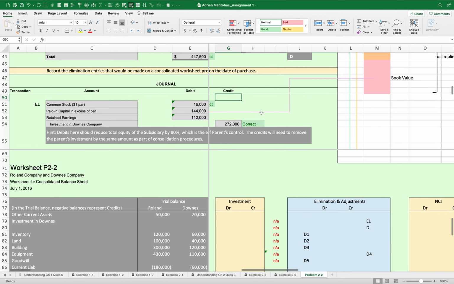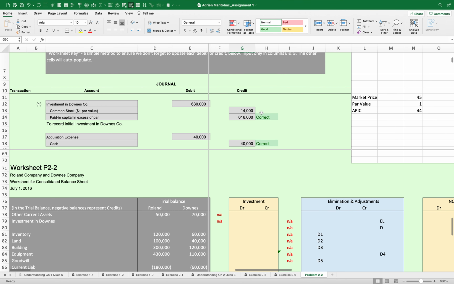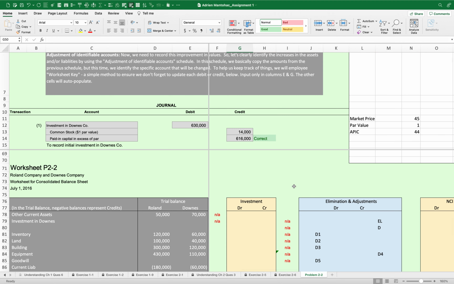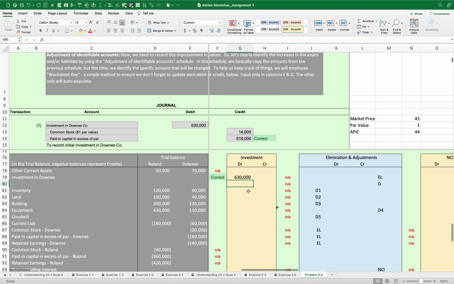All right. So if you recall, the first thing we did was we recorded the initial investment in the subsidiary. So first we need to record that. We need to show that before we move forward. So right off the bat, we have a debit of 630,000 in investment in Downs. So I'm going to go ahead and jot that down. And we are also going to have to show that we paid by issuing common stock.